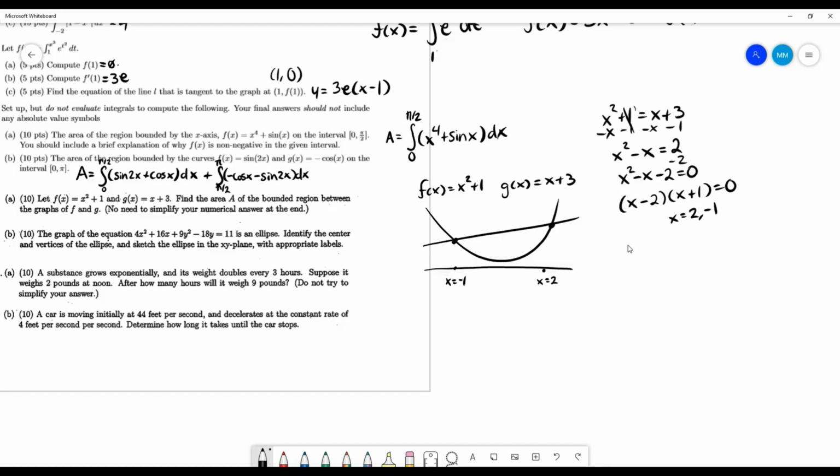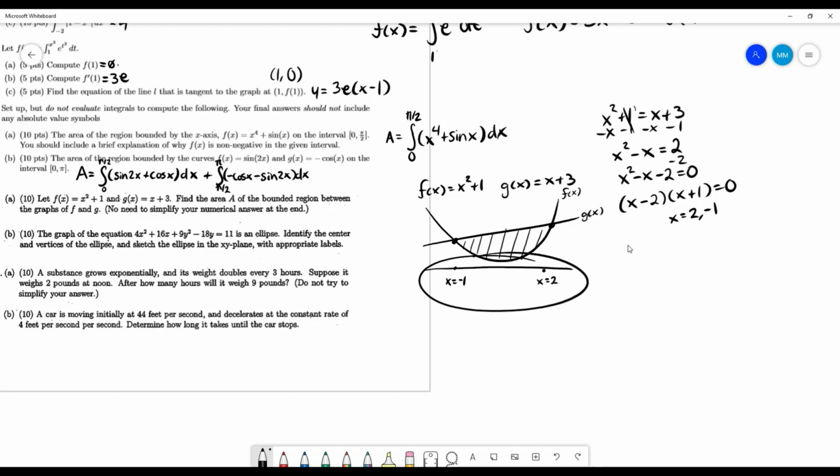I am assuming that g of x is on top and f of x is on bottom, but we should double check that, of course. Wow, that's a really good sketch. Sorry, I'm just kind of impressed with that.